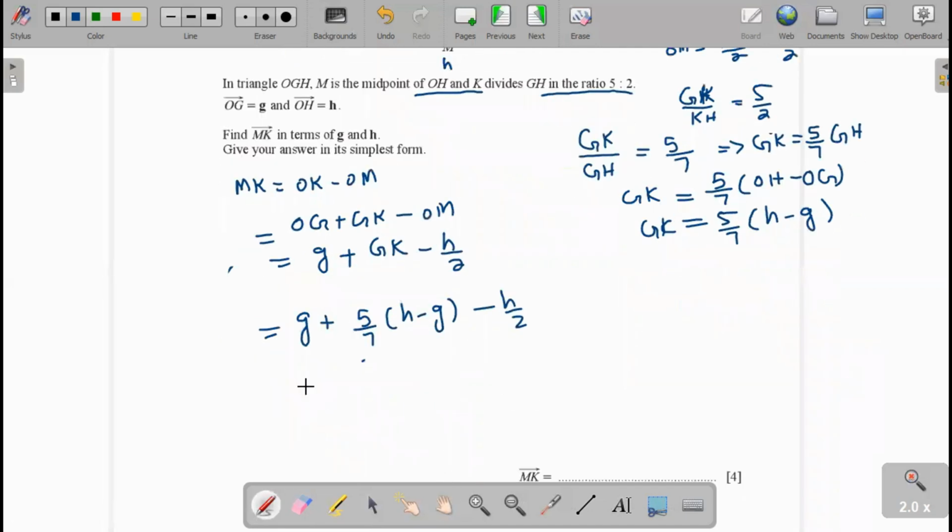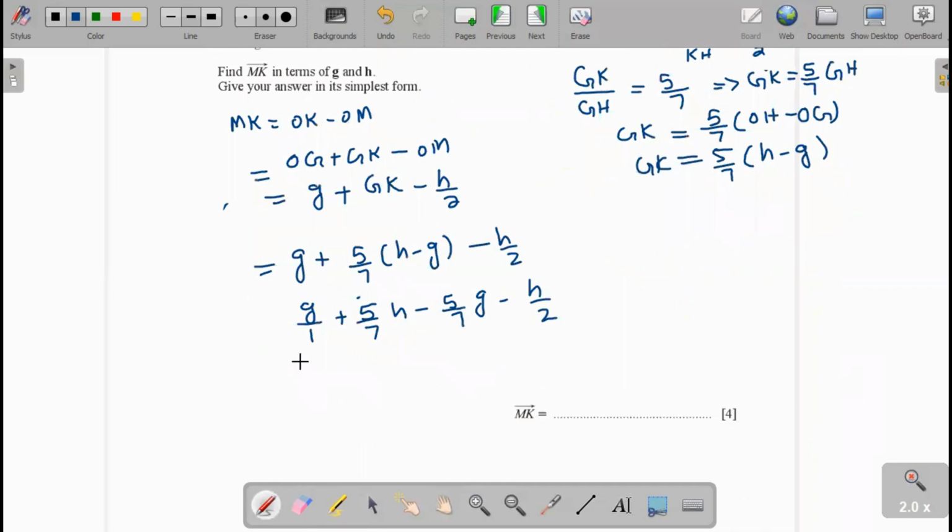Now we simplify it, that is equal to g plus 5 over 7 h minus 5 over 7 g minus h over 2. Now we can simplify, g minus 5 over 7 g is equal to (7g minus 5g) over 7, and plus 5h over 7 minus h over 2.